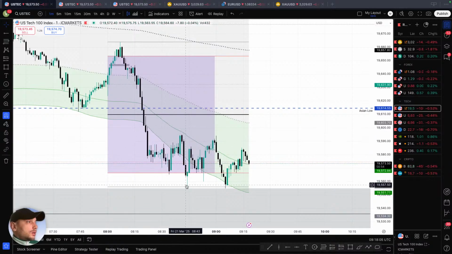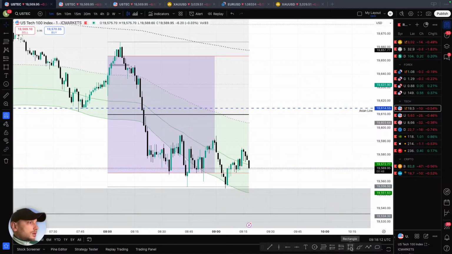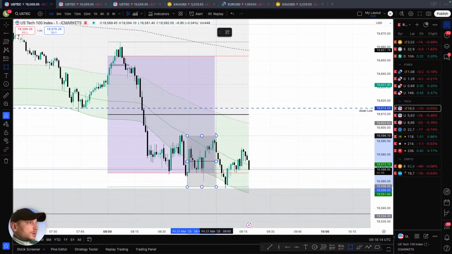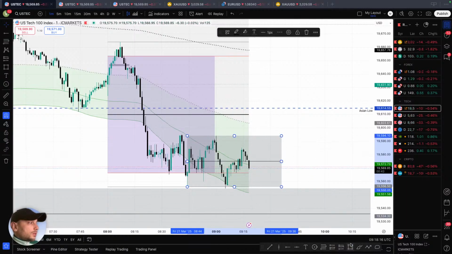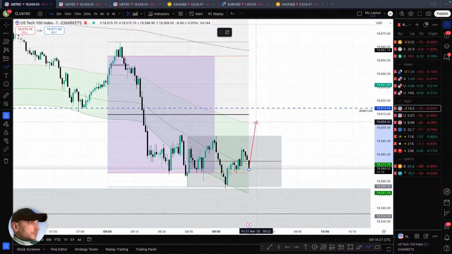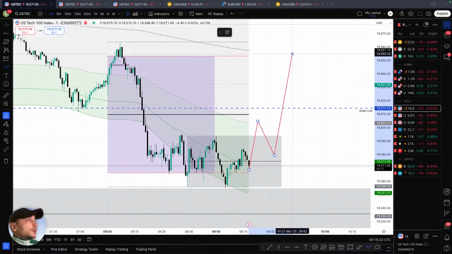Low, high, low, low, low, high, high, low, low, high, high. We want to see the price break above here, retest, and fly up.